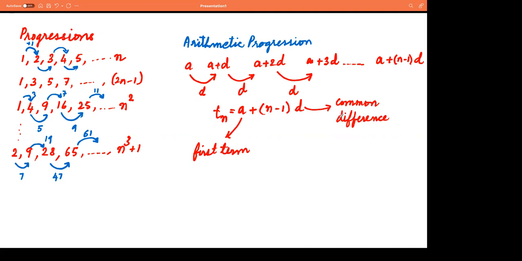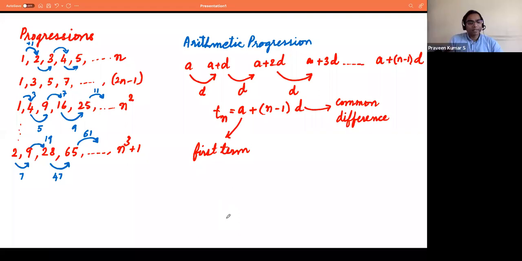Because the difference between consecutive terms is always common. Exactly. If you take each of these terms and subtract the previous term, the difference is always fixed. Now, common difference can be positive, common difference can be negative. Similarly, first term can be any real number. It is not necessary that it has to be an integer or anything.